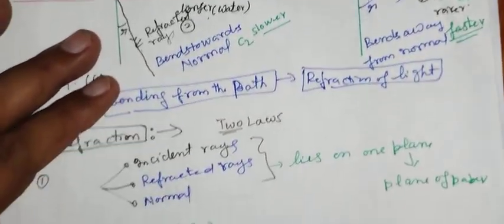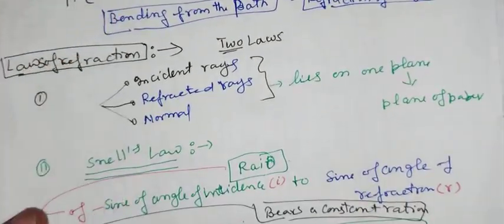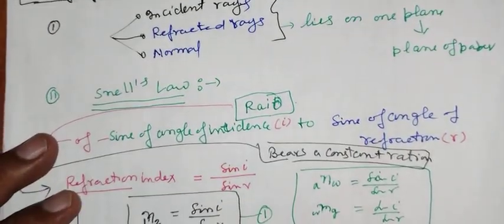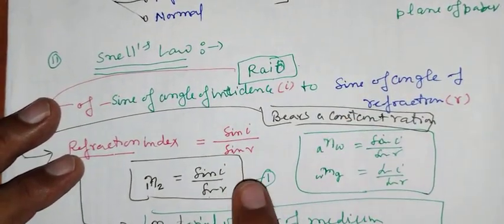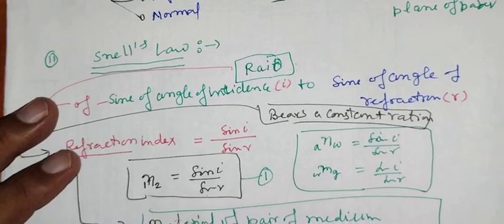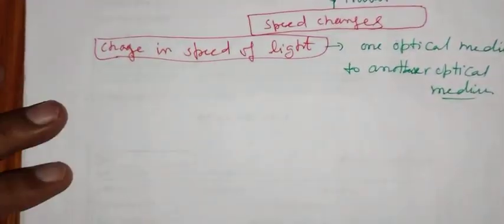Under these circumstances, Snell's law, which is the ratio between the sine of the angle of incidence and the sine of the angle of refraction, takes a form in this way.